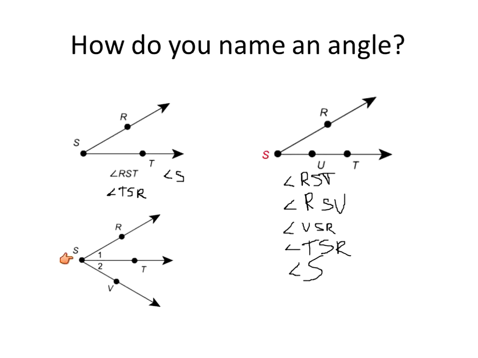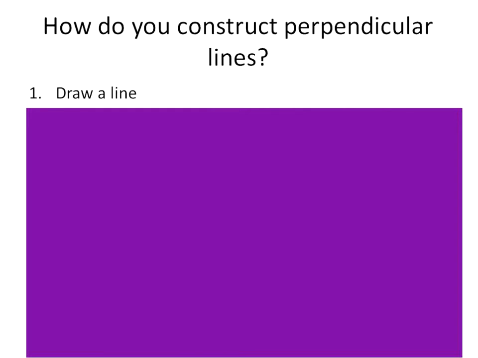So that vertex where that angle is always in the middle. The other 2 sides, you can reverse them like you see here, and then you can just use S if there's one angle, but if there's more than one angle there together, you have to use more information. Okay? Just keeping that in mind as you go forward, just as a quick little thing.